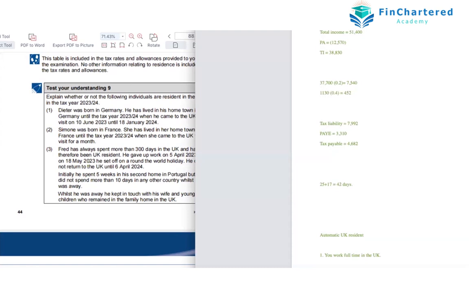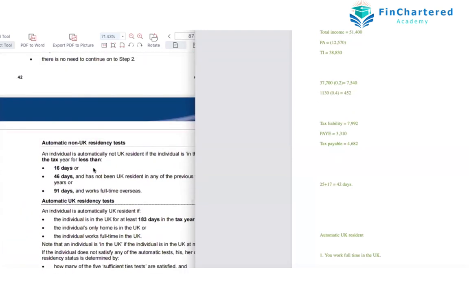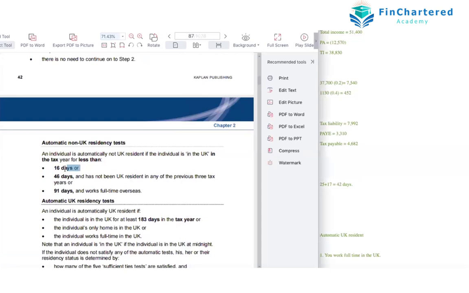So again, what you have to do is, he cannot be in the category of not UK resident. Why? Because see the category of not UK resident. 16 days.